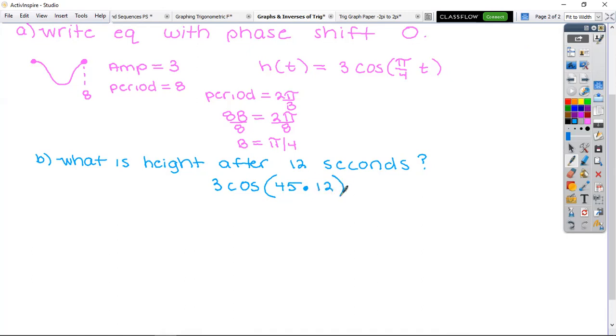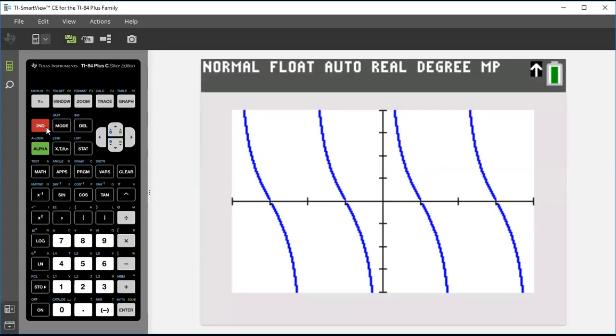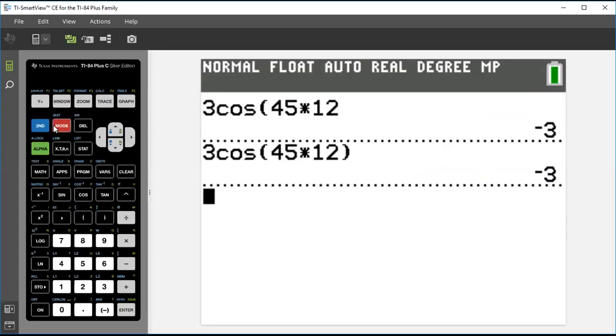You're going to type that right into your home screen of your calculator. It should look just like this. And did everybody get -3? Perfect. So that's it. Final answer of -3.